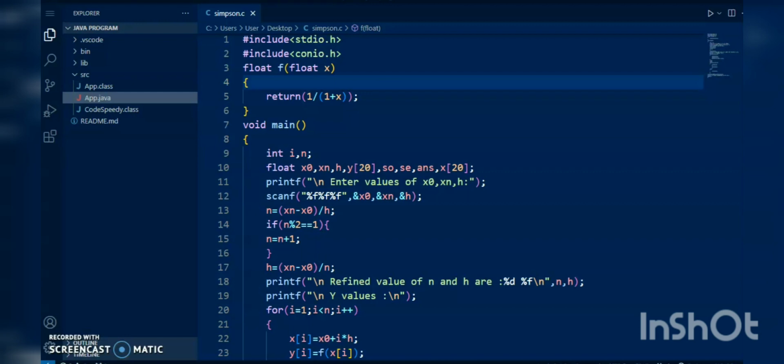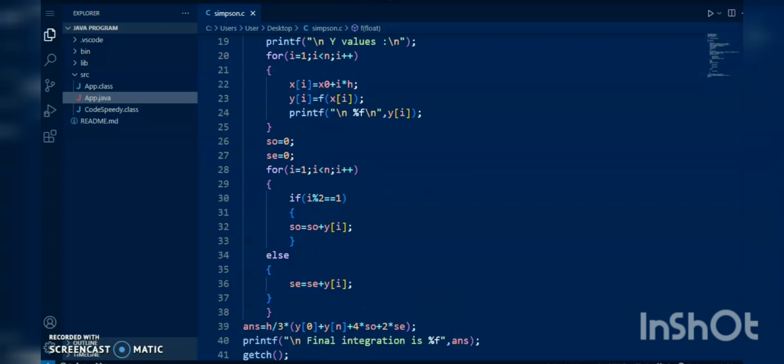So n equals n plus 1 and h equals (xn minus x0) divided by n, and printf this value. Further, if you need more explanation, I will create theory videos on how the program executes, and also check my functions video so you can understand.